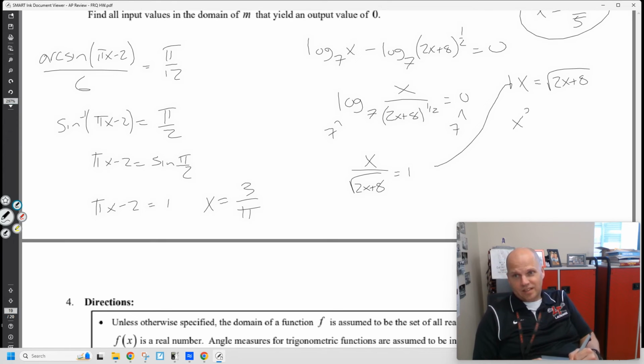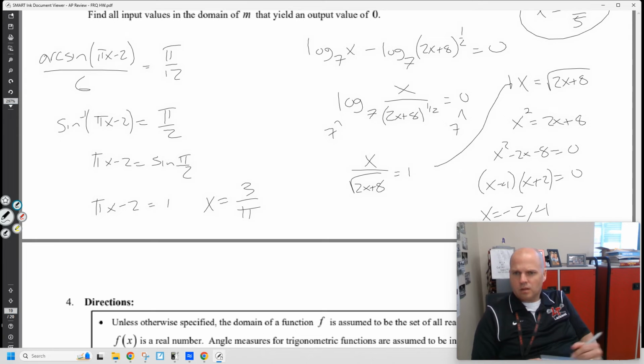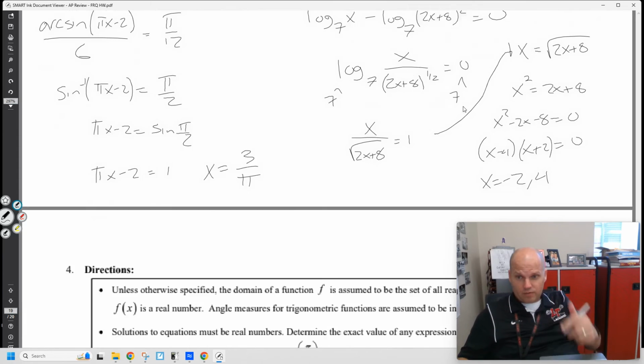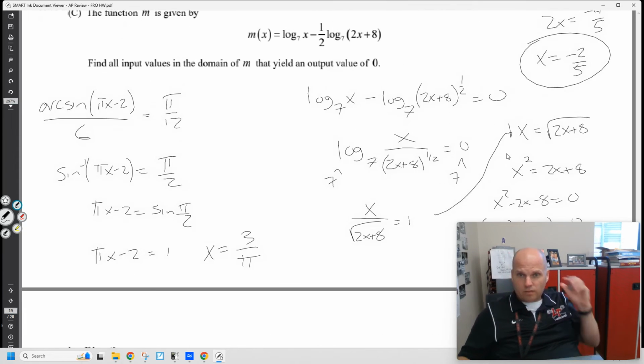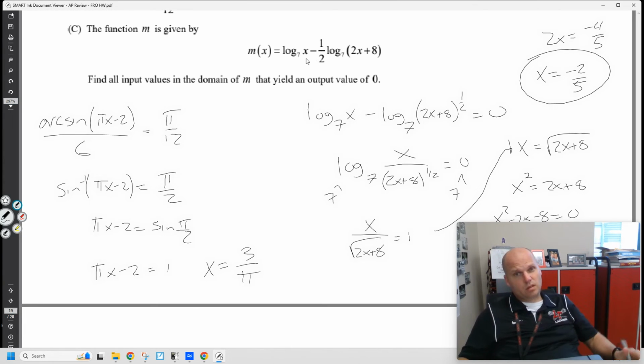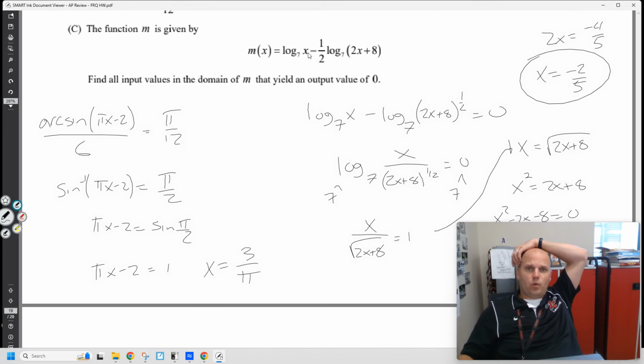Square both sides. Subtract 2x. Subtract 8. Four works. Negative 2 does not. Negative 2 is extraneous. Log base 7 of 4 equals log base 7 of the square root of 16, which is the log base 7 of 4.